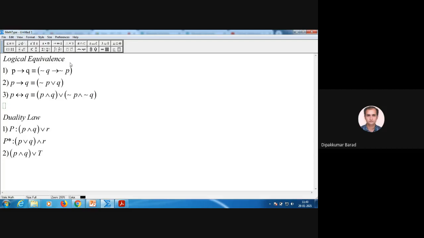So if I want to write the dual P star, suppose I call the above statement capital P, then P star is: this P and Q becomes P or Q, and instead of or T, now I get and F.